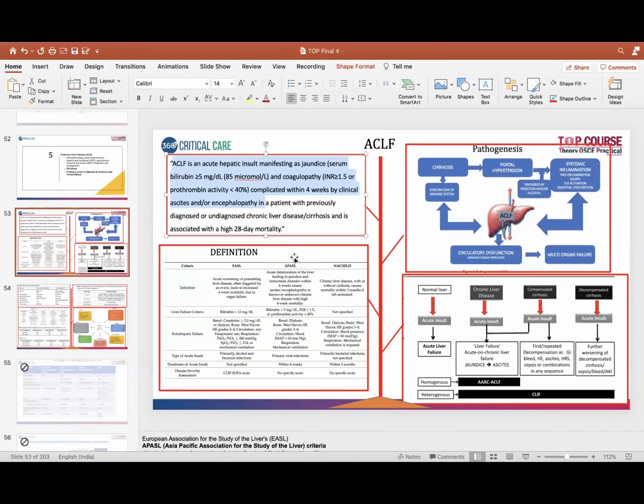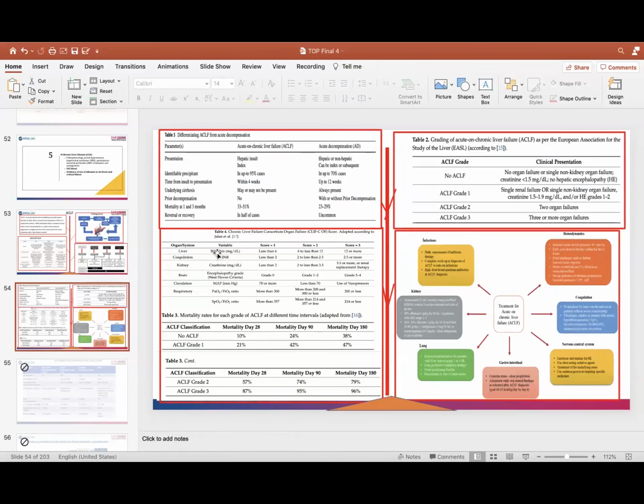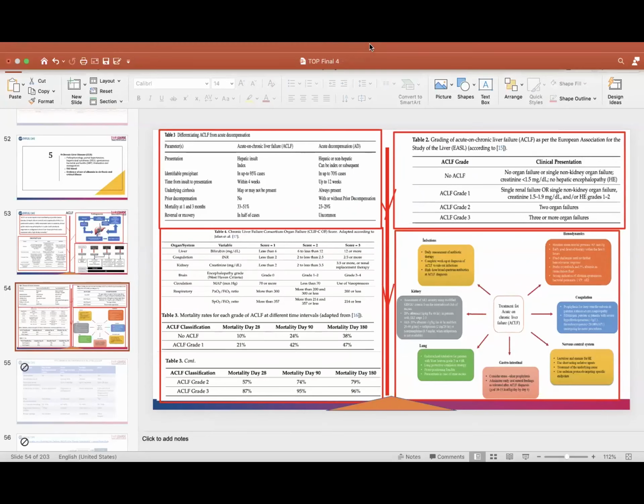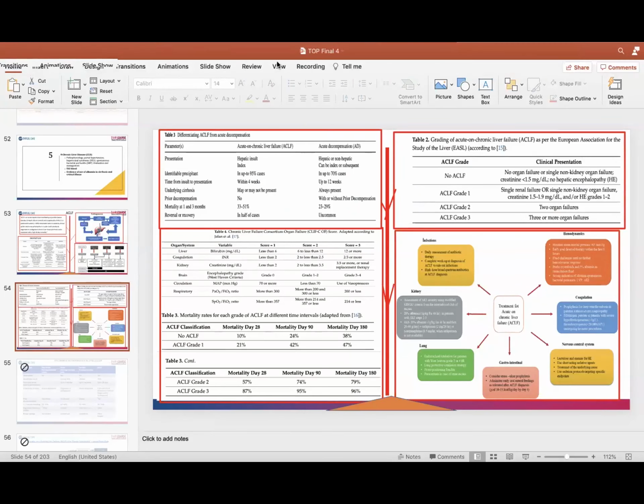Mainly the Asia Pacific society is liver centric, wherein they concentrate more on the bilirubin, whereas the other societies have included extrahepatic and intrahepatic causes as well, including extrahepatic organ failure. So when we are classifying this, we already saw that the classification is not based just on the bilirubin. It has included the extrahepatic manifestations as well. That is the major difference in acute on chronic liver failure.